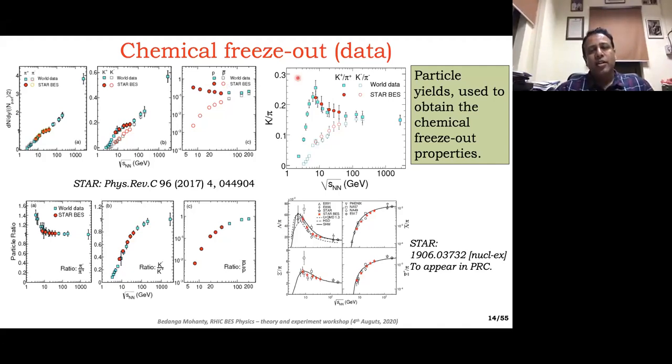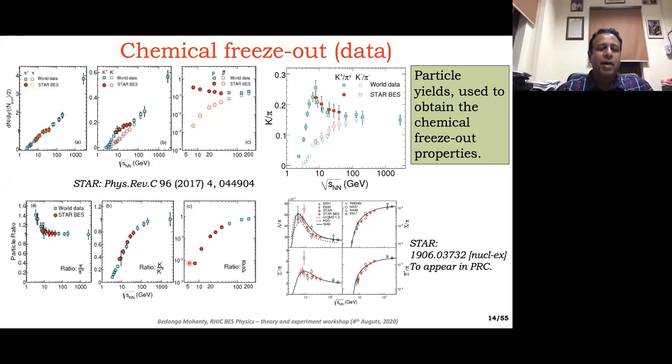Also shown here are the K to pi ratio as a function of collision energy, pi minus by pi plus as a function of collision energy, K minus by K plus as a function of collision energy, and P bar by P. And on this right-hand side, the lower plots are lambda by pi and cascade by pi. All these go as input to obtain the chemical freeze-out parameters. But what you can already see is how drastically these particle ratios change in the beam energy scan regime.